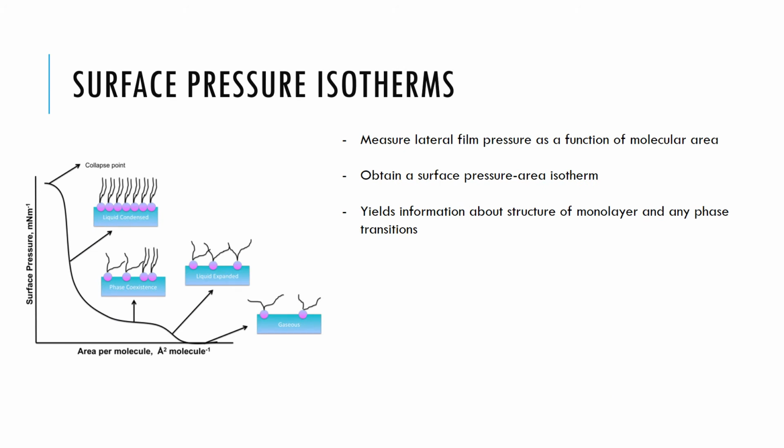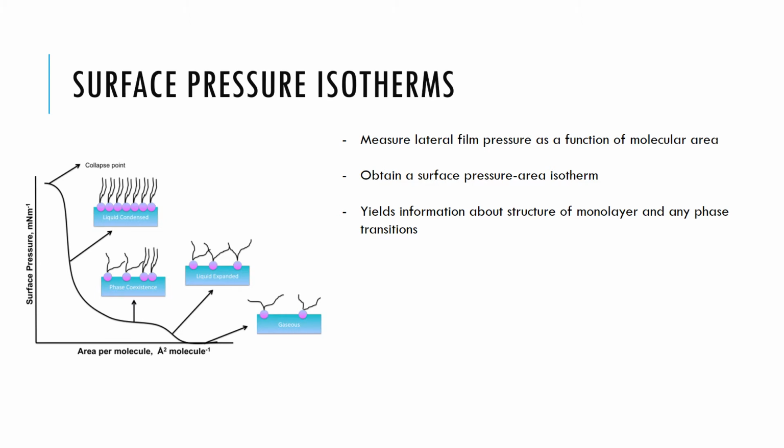So you can measure the lateral film pressure as a function of the molecular area, and what you gain is this surface pressure-area isotherm. So this is for a lipid system, and what that does is it tells you information about the structure of the monolayer and any so-called phase transitions that occur.